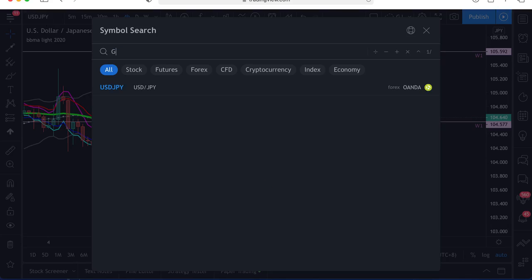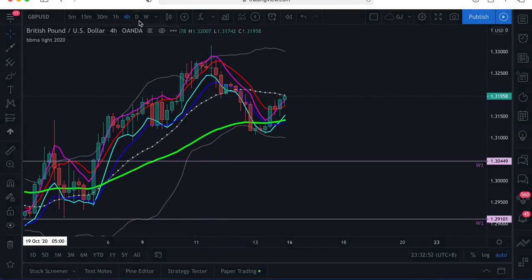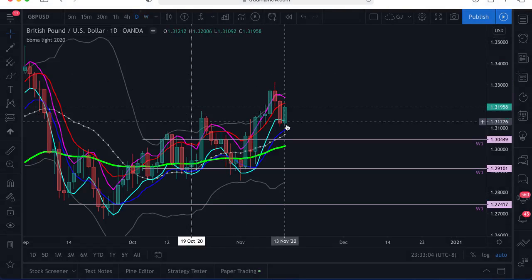Alright, next pair is GBP USD. GBP USD on weekly time frame, price is at the MA 510 high and it rejects the top BB almost. So this is a re-entry sell setup for us. On daily time frame, we can see that price making an extreme sell and there's a bearish engulfing here.